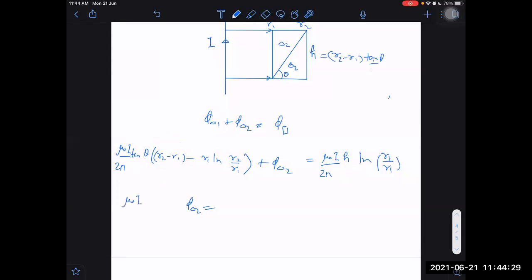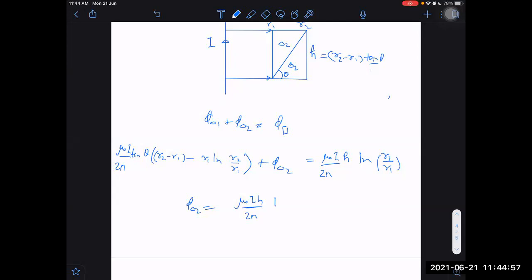I will take this and write the final answer. Tell me, what is the final answer? Mu naught I h by 2 pi into h plus r1 into ln r2 by r1. We cannot multiply by h again if it is already mu naught I h by 2 pi.